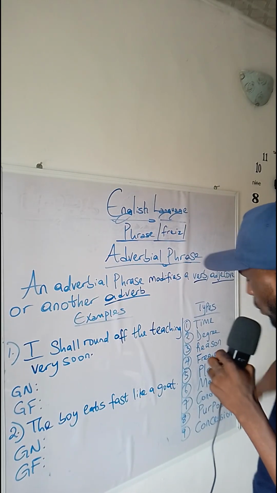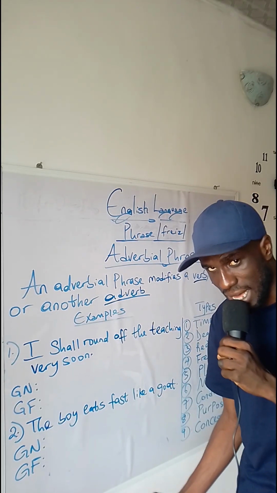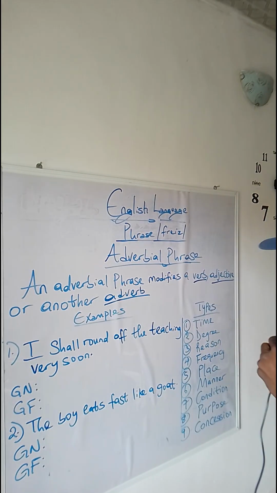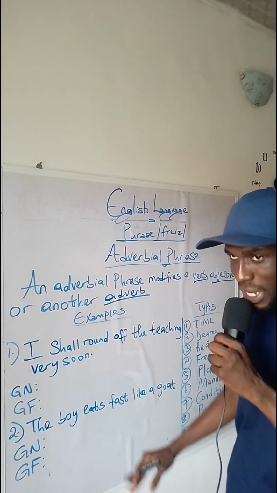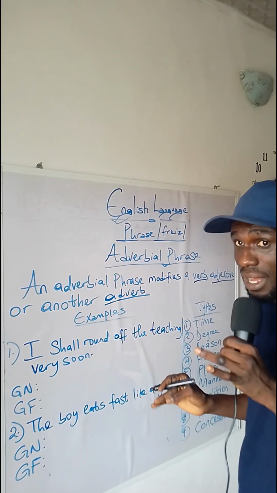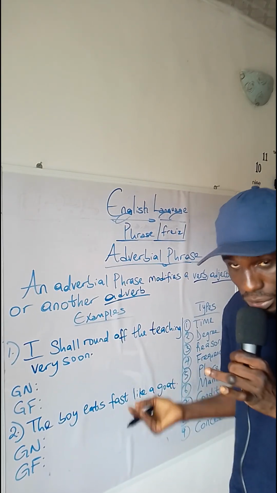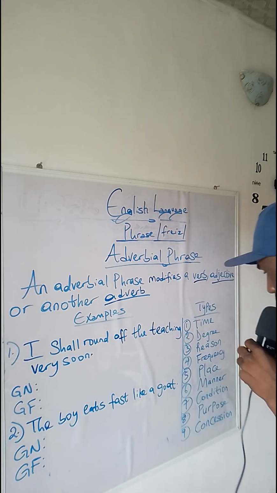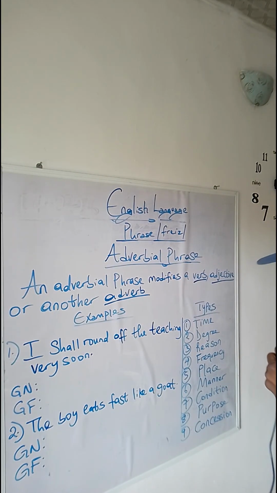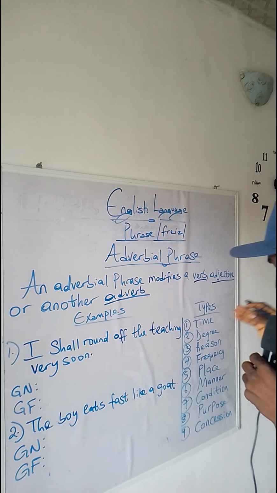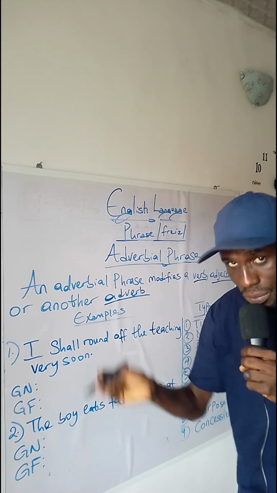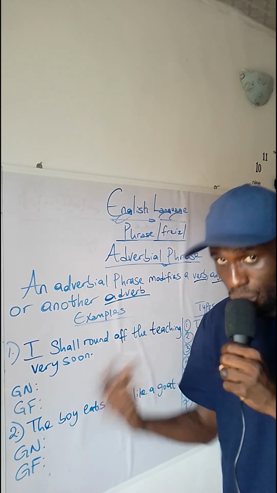So we have adverb of place, that is where, answering the question of where. And manner answers the question of how. Yes, how an action does or how something does. So that's it. We have the adverb of condition too. Adverb of condition answers the question of on what circumstance, based on what.